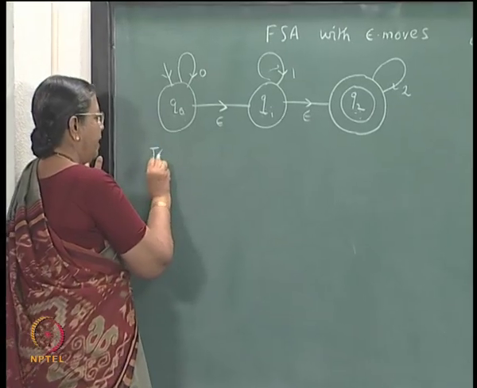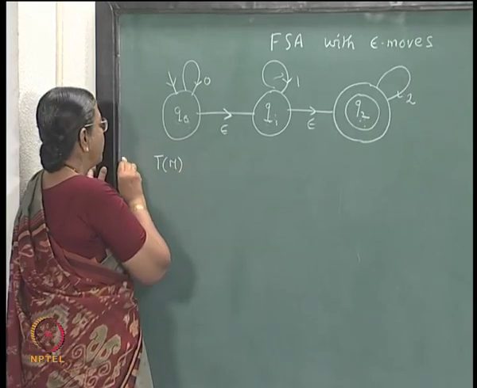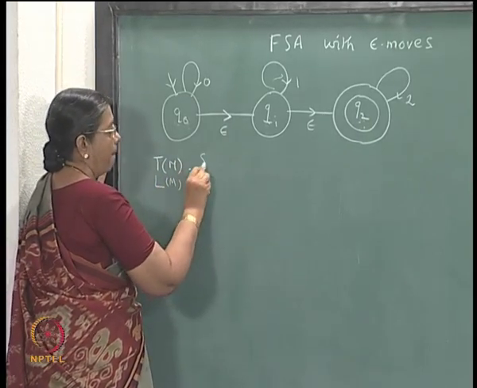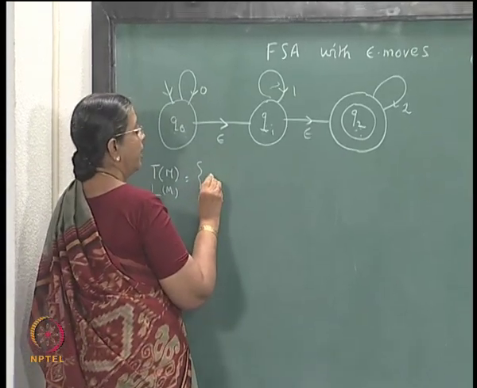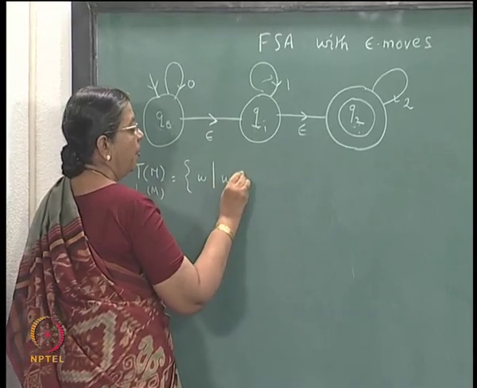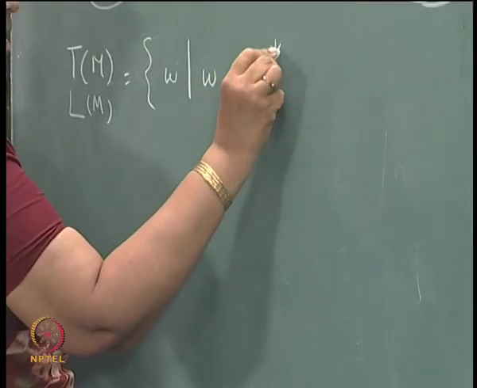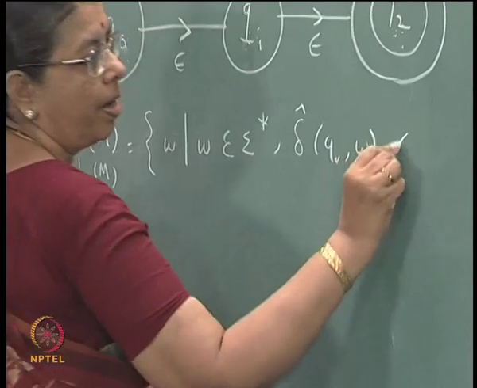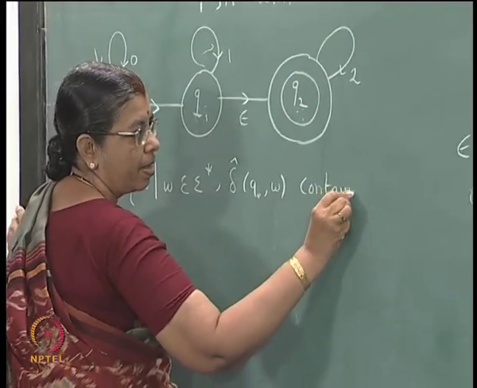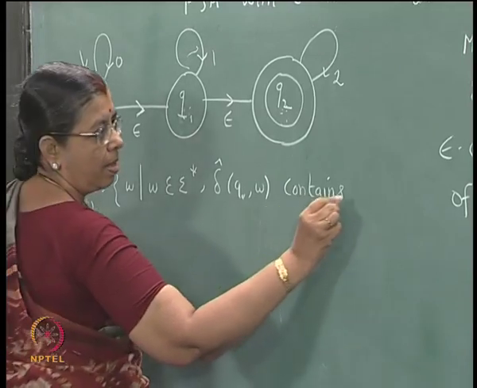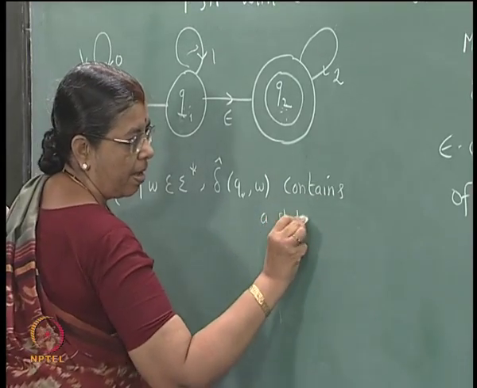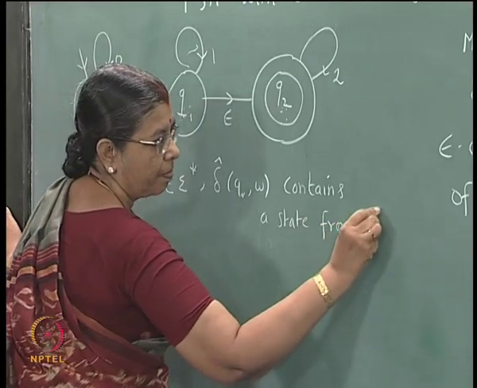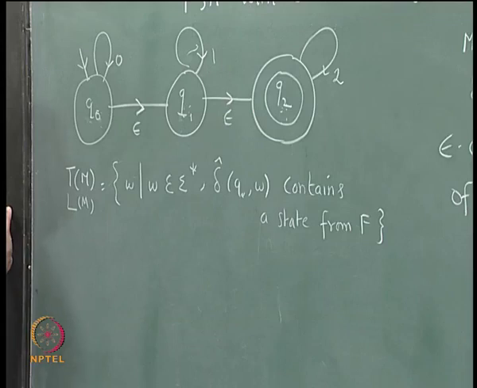The language accepted is T of M or L of M, sometimes it is also denoted as L of M. This is the set of strings W, W belongs to sigma star, such that delta cap of Q naught, W contains a state from F. This is the way the language is accepted.